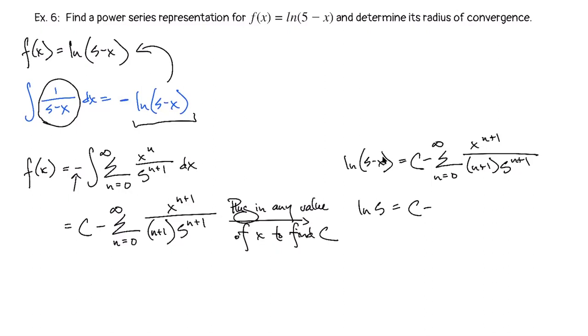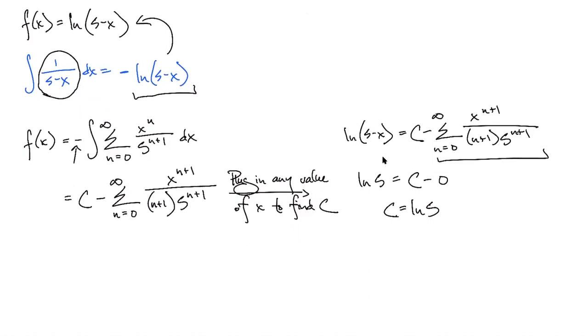C minus, what's that going to give me when I plug in x equals 0 here? 0. That's going to give me 0. So I get c minus 0. That means c equals the natural log of 5. And so as a particular solution, I can write natural log of 5 minus that whole sum, my power series representation, okay?